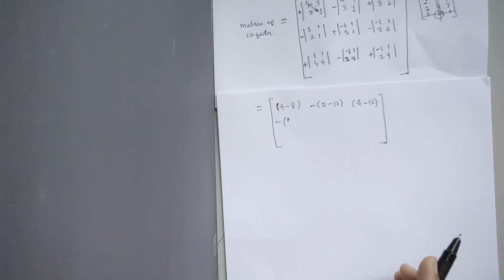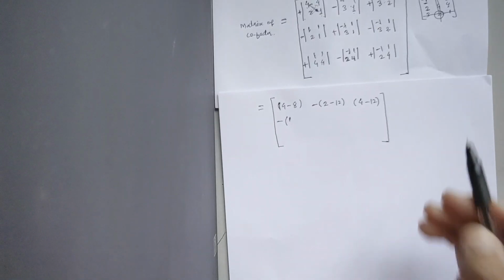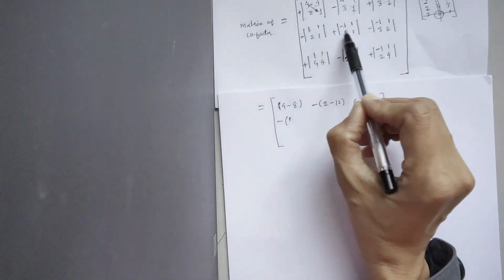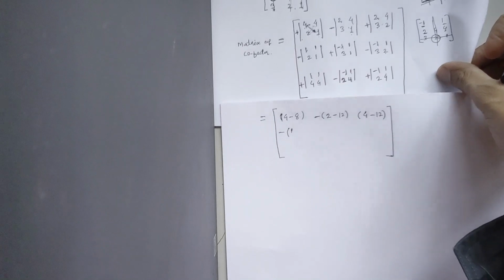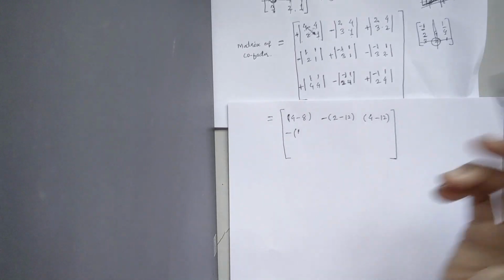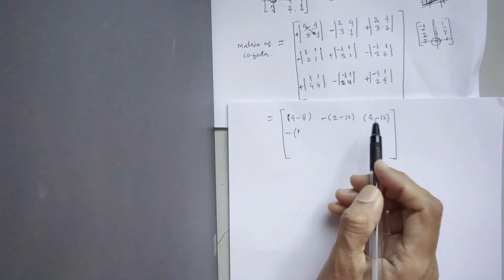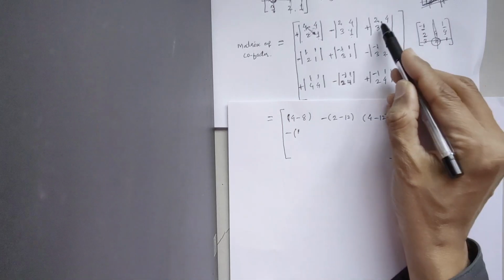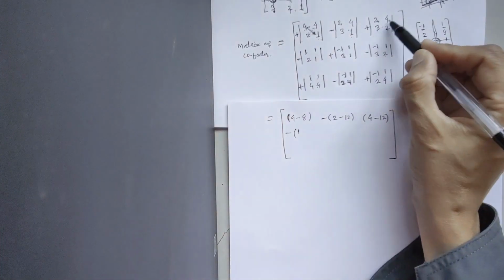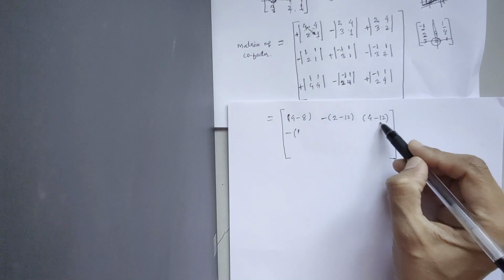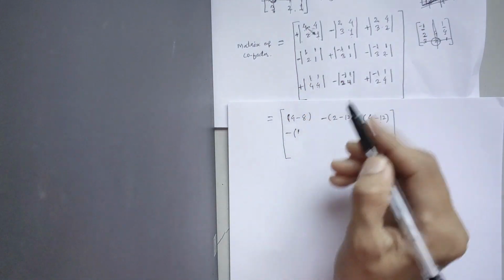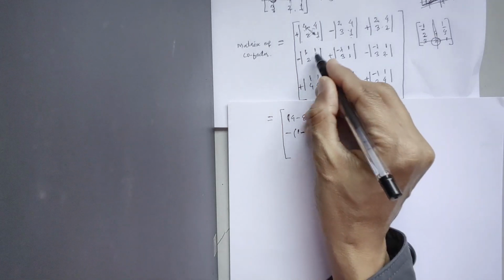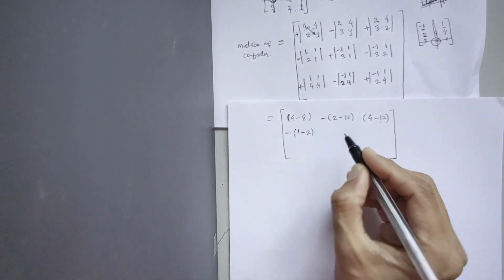So let's continue the calculations. I'm just calculating the determinant that you already know. I hope you are able to see the full matrix here. The third element will be 2 into 2 is 4, minus 4 into 3 is 12, minus sign outside, 1 into 1 is 1, minus 2 into 1 is 2.